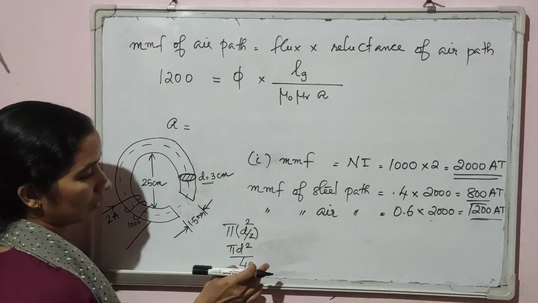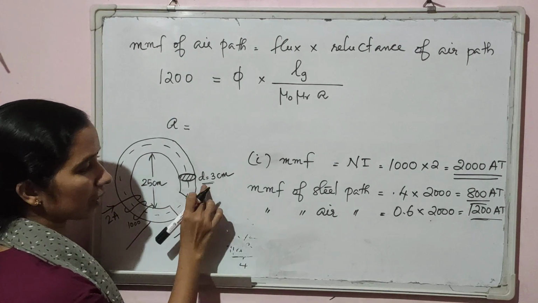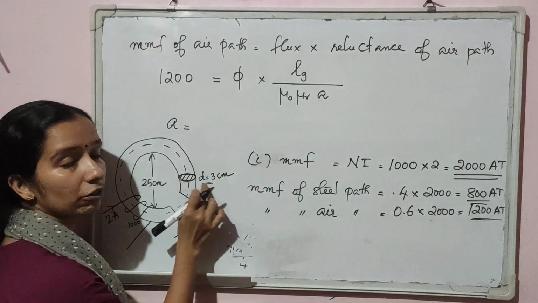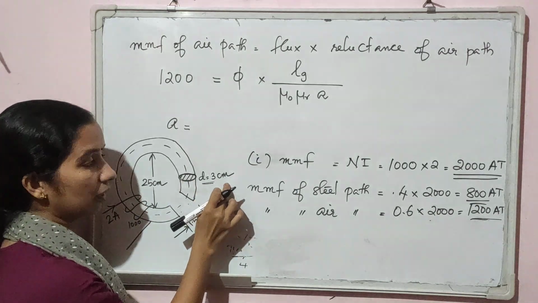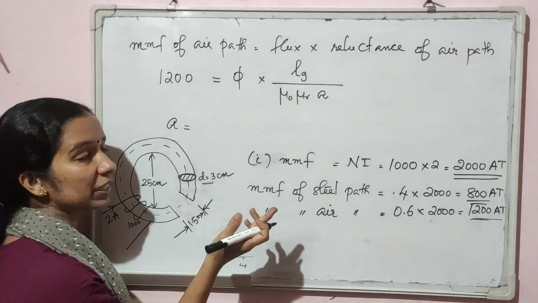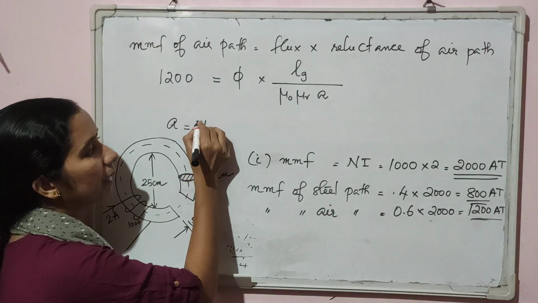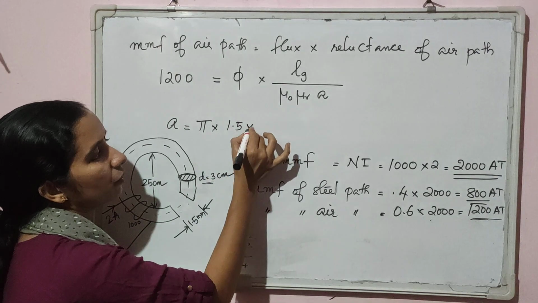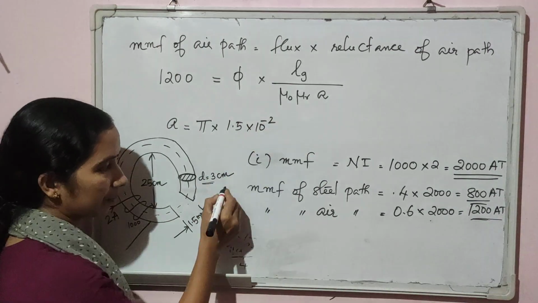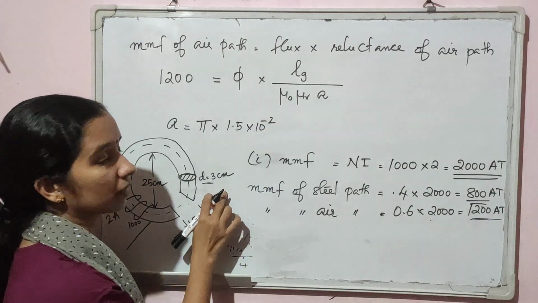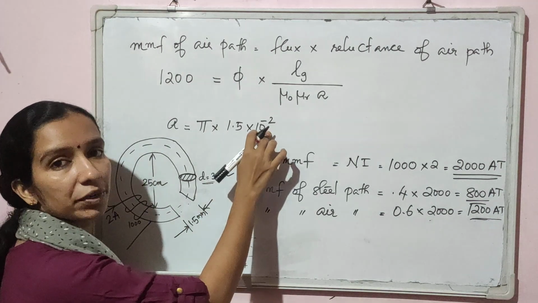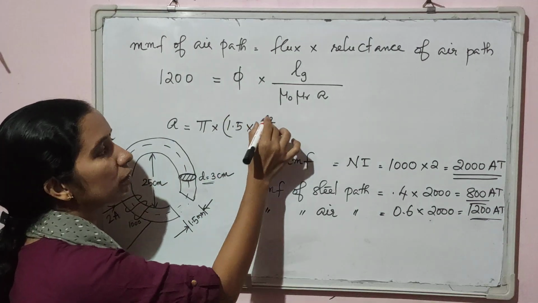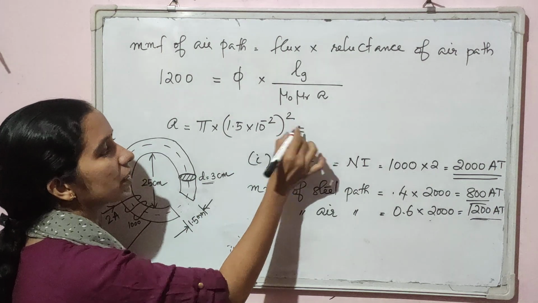Here the diameter of this circular section is 1.5 centimeter, so A is equal to pi into r square, with 1.5 into 10 raised to minus 2 meters, the whole square.